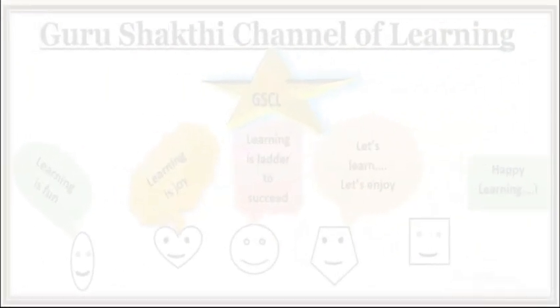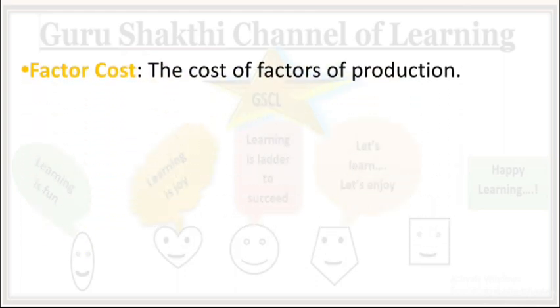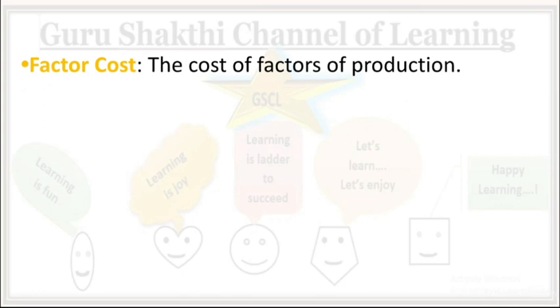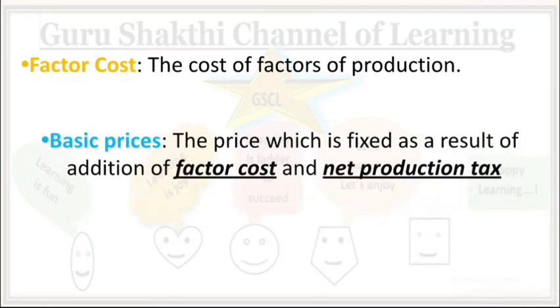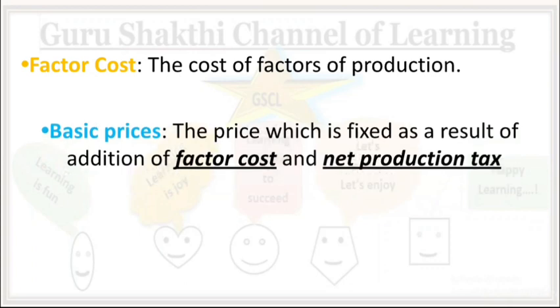So, factor cost, it is the cost of factors of production. Basic prices, they are the prices which is fixed as a result of addition of factor cost and net production tax.